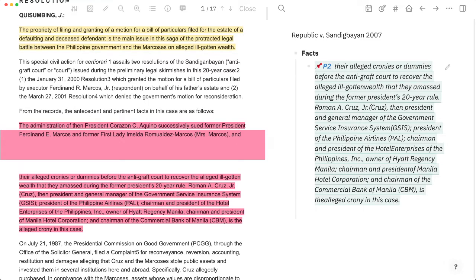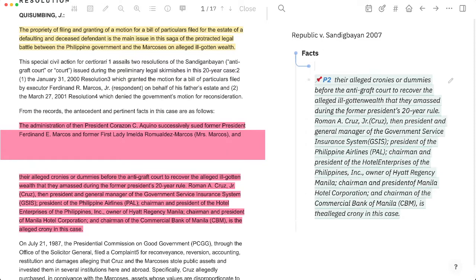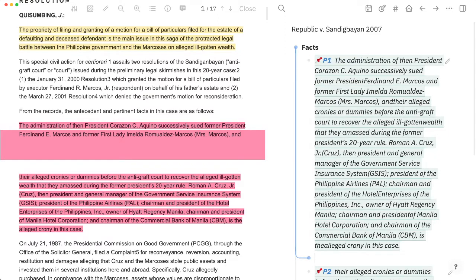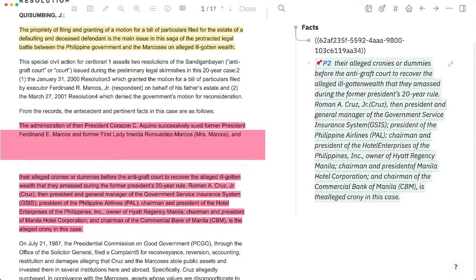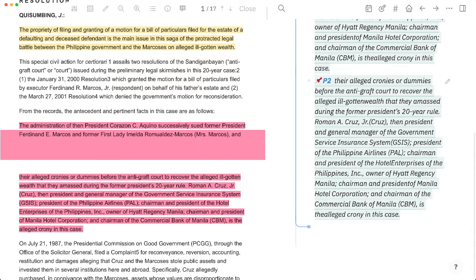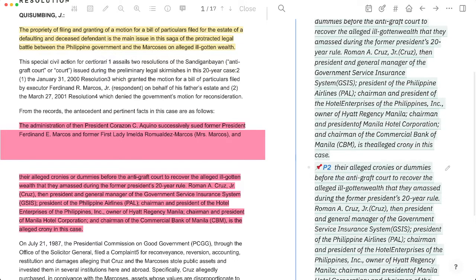Copy reference. So wala na to dapat, I'm going to remove this.